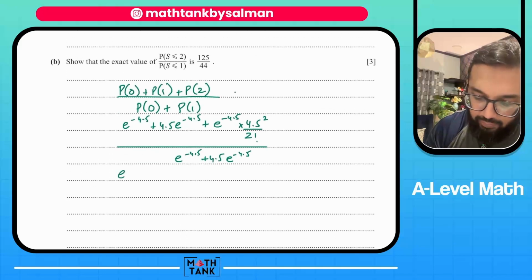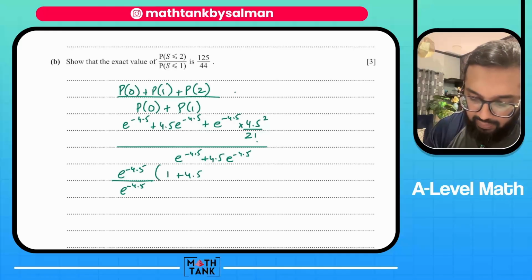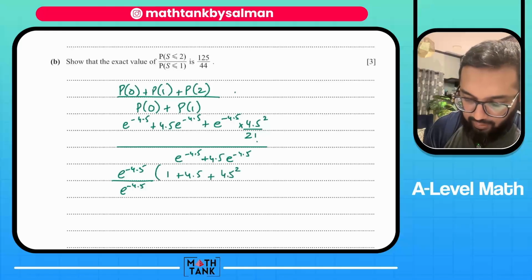So e power minus 4.5 is common to both numerator and denominator. I'm left with 1 plus 4.5 plus 4.5 squared over 2.